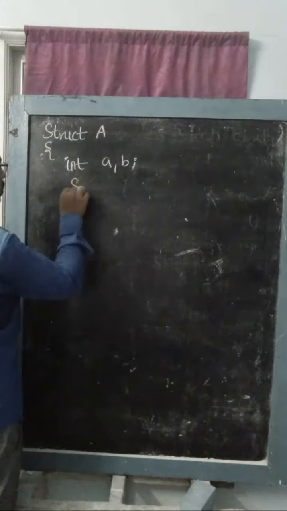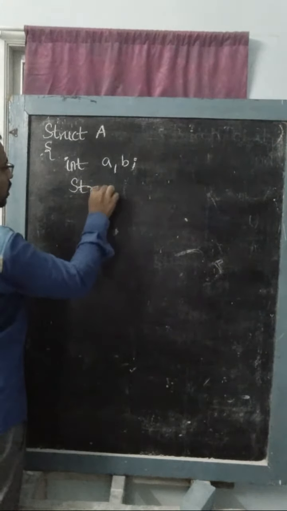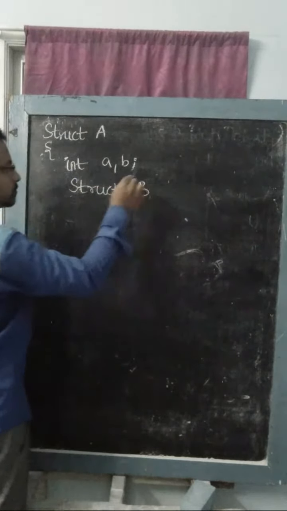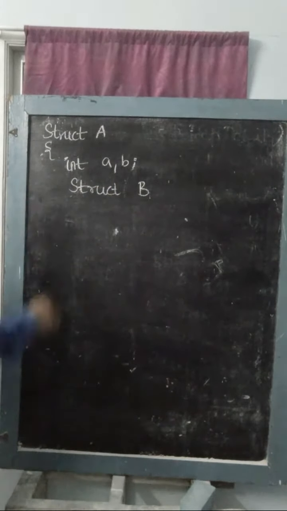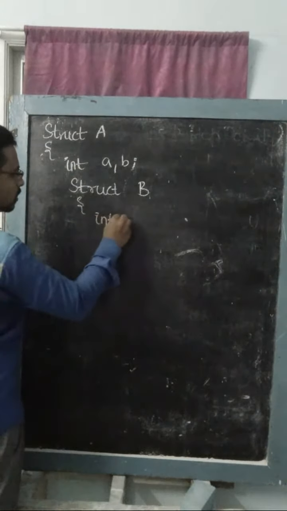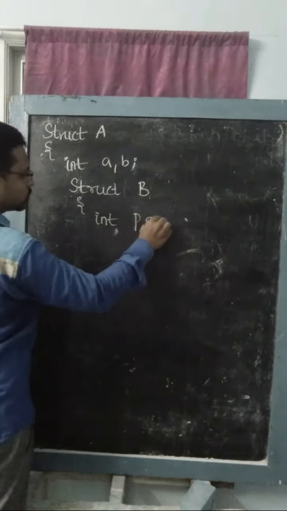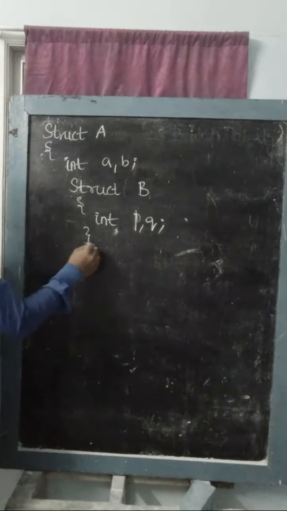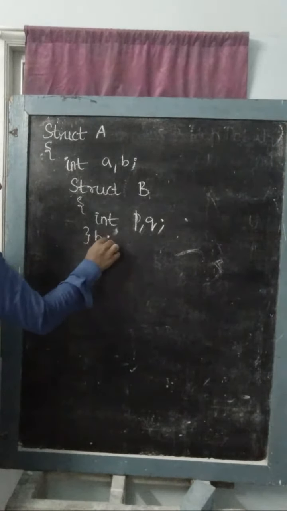And I am creating another structure inside this structure A. There is structure B, struct B. I am creating elements for that, integer P, comma Q. And I am closing the structure.